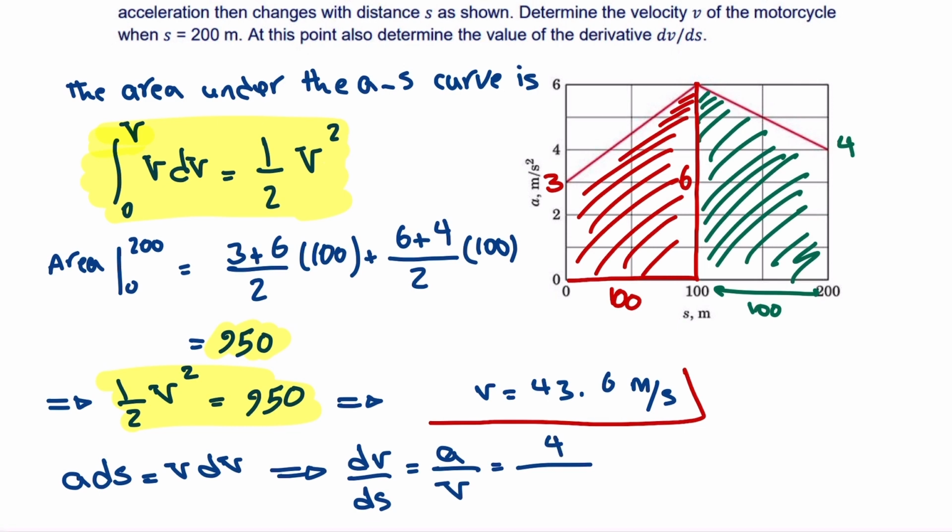And velocity, we just calculated, which is 43.6, and the final result will be 0.0918. So the rate of change of velocity with respect to distance is 0.0918.